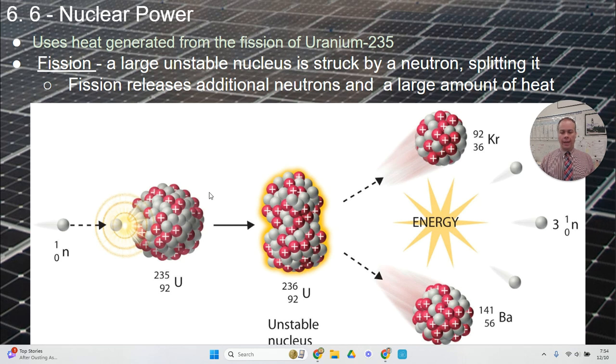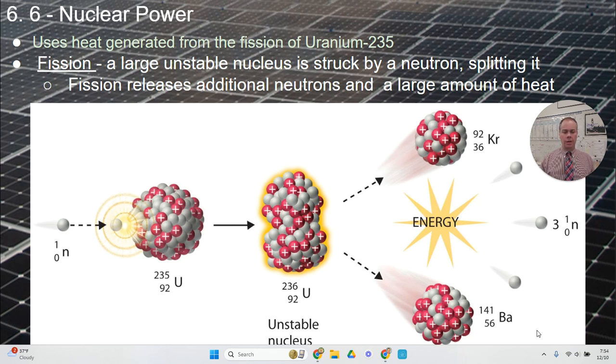When an atom of uranium-235 is struck by a neutron, it forms, very briefly, an unstable nucleus of uranium-236. And this unstable nucleus then splits. That's what fission is, the splitting of this atom. And when it splits, it forms two new elements.